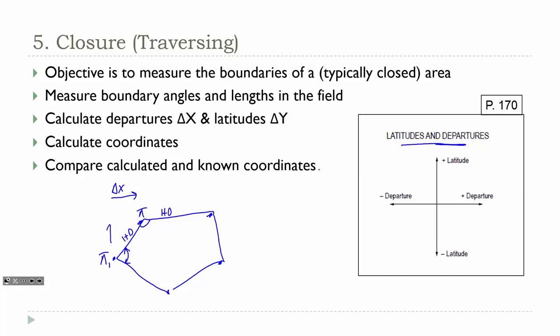And then the latitudes are just going to be the delta y, which again for a closed traverse, if you sum that column in your data, should equal 0. And then in class, we would take that information and calculate the coordinates, assuming some initial coordinates of your first setup.